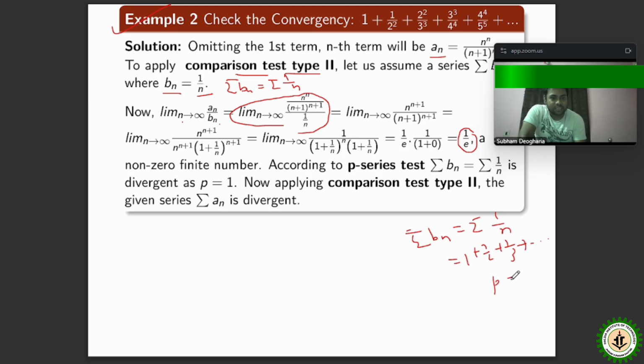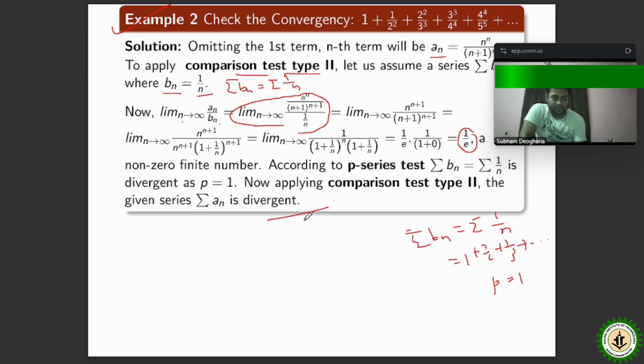Then p is equal to 1. This is a p series with p equal to 1. That's why it is a divergent series. Now from the comparison test of type 2, an and bn are divergent together, so bn is divergent, so an will also be a divergent series.